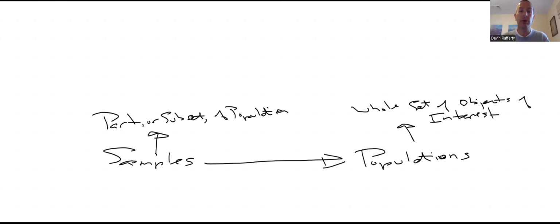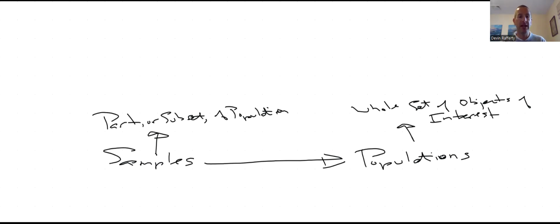It could be the quarterback, could be the quarterback and the running back, could be the quarterback, the running back, and the linebackers. Or it could be everyone on the football team except for the quarterback. Okay. Because that would still be a part or a portion or a subset of the population. That's what we're talking about here with the relationship between samples and populations. Okay. That's what we're looking at.